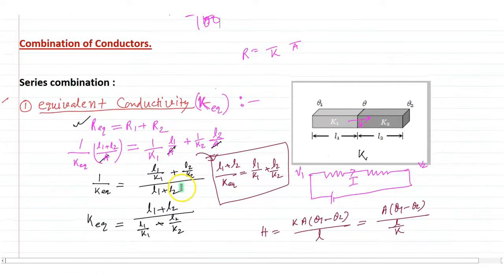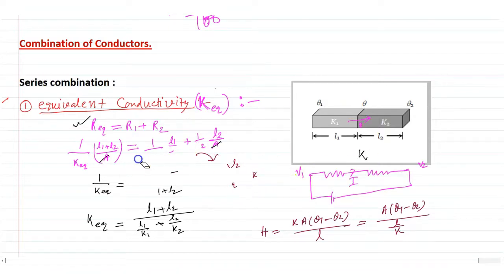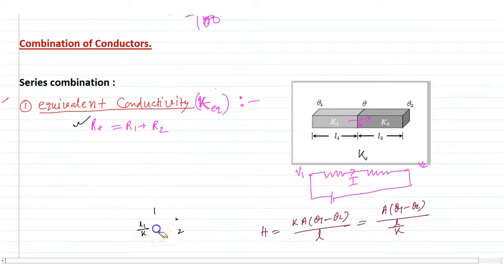Next, combination of conductors. I have told series combination and parallel combination. Suppose two conductors are connected in series.